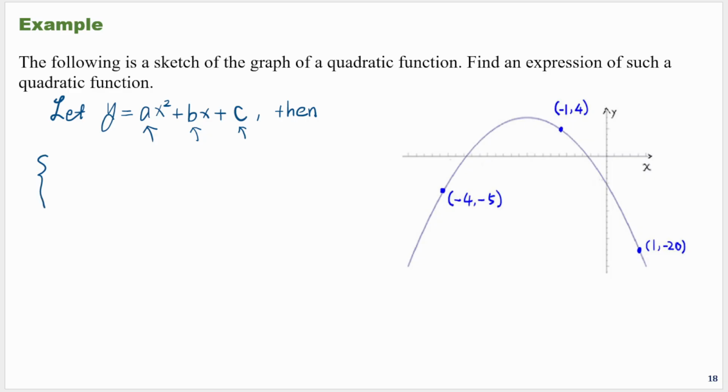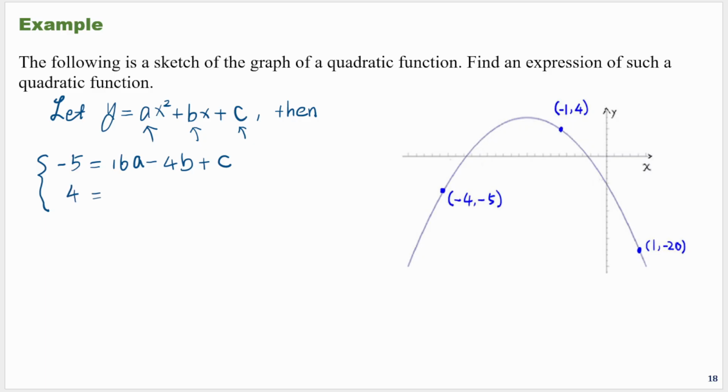For example, the first point is here. It's on the curve, which means it will satisfy this equation. So we can just insert this point into that equation, right? This will give you -5 equals 16a minus 4b plus c. Same thing for the second and third points. Just insert the coordinates of that point into that equation. Because that point is on that curve, it must satisfy the equation.